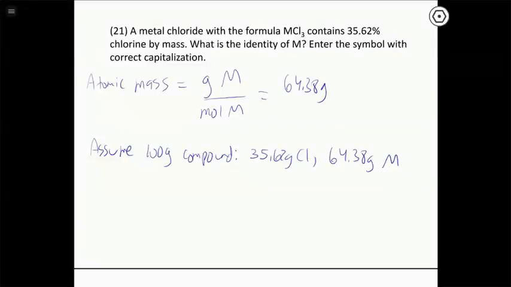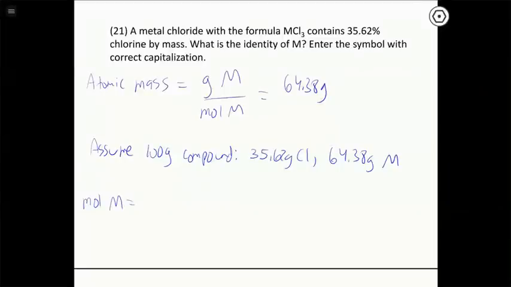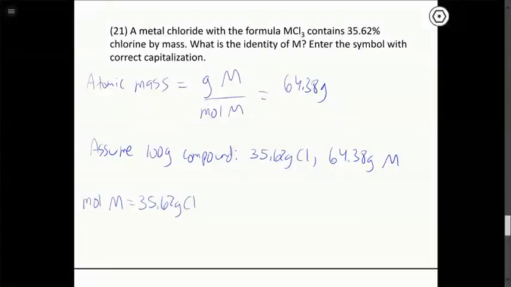We're going to use the information for chlorine to help us determine that, and the chemical formula. If we're looking for the moles of the metal, which is the denominator in that calculation, we don't know the identity of the metal. That's what we're trying to figure out. So we can't possibly convert this into a number of moles. There's just no way to do it because we don't know the atomic mass. But if we know the atomic mass of chlorine, we can convert that into moles. We have 35.62 grams of chlorine.